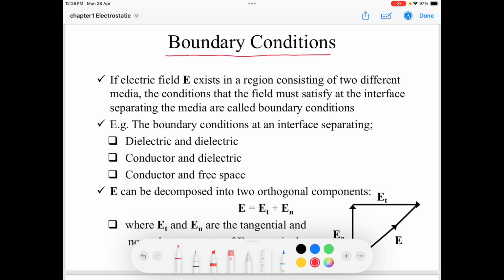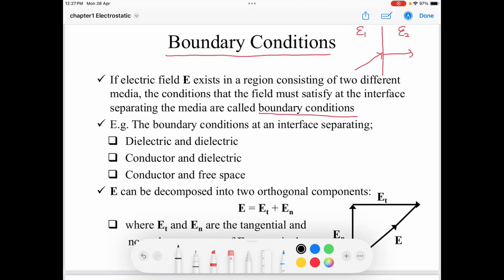If an electric field exists in a region consisting of two different media, like I mentioned just now, one with property epsilon 1 and the other with epsilon 2, the electric field coming here might go here. The conditions that the field must satisfy at the interface separating the media are called boundary conditions.